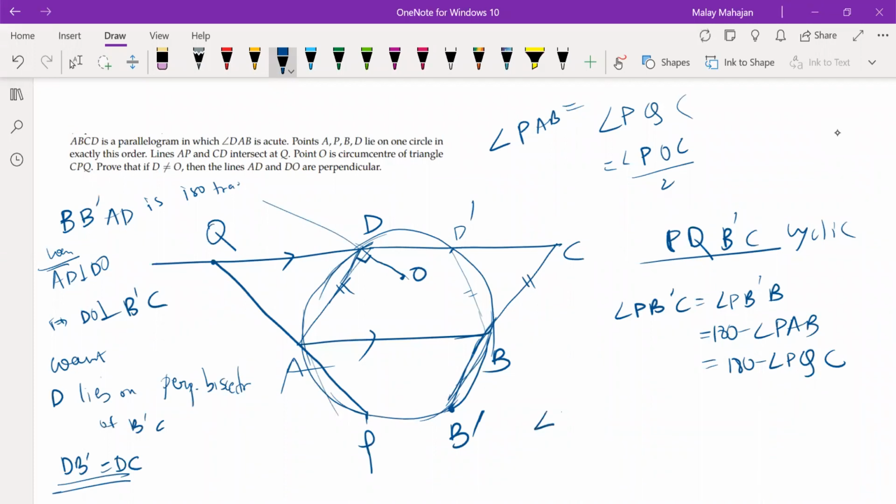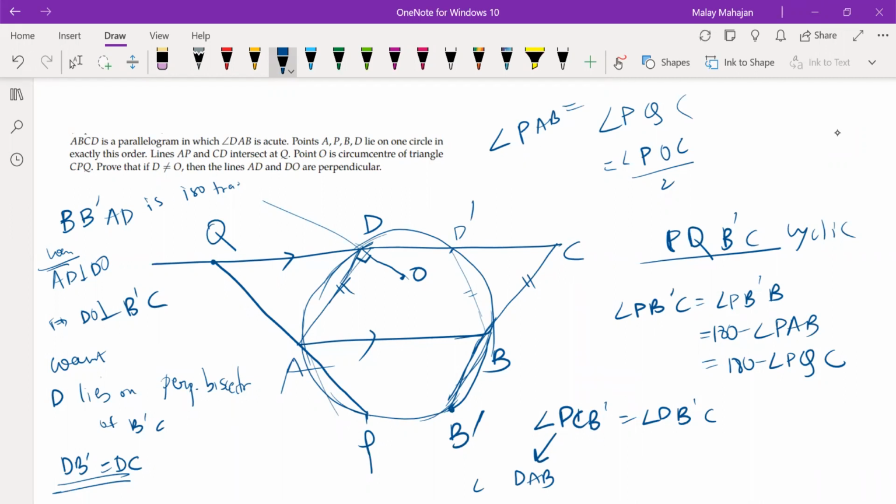So we want angle DCB dash to be angle DB dash C. But DCB dash is DAB, because cyclic. And DB dash C is also DAB by the parallelogram. So yes, it's true.